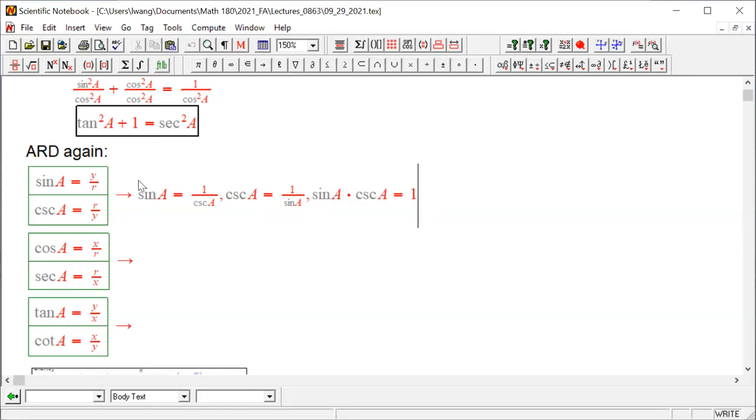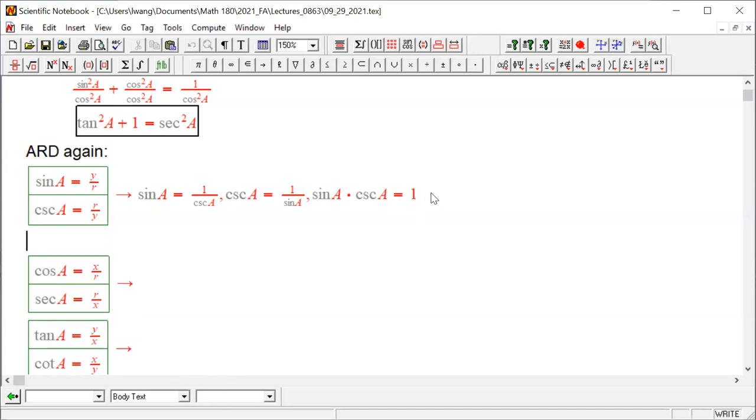Of course, all of this is provided the angles are in the domain of both functions, okay? The reason I'm addressing this is that the domains of sine A and cosecant A are not the same. Cosecant has a smaller domain.